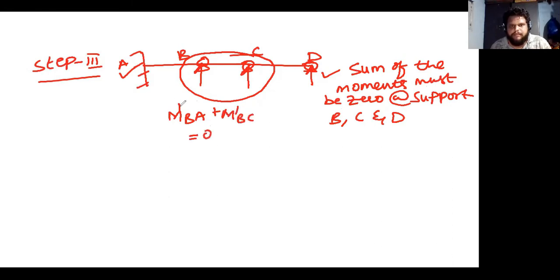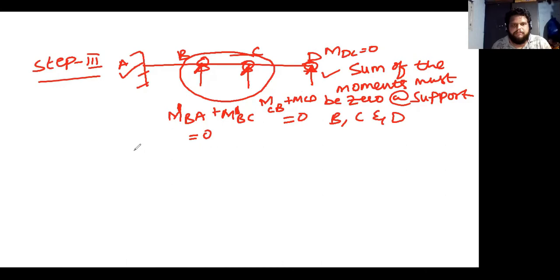This final moment MBA and MBC should be equal to 0. Similarly, the moment here MCB plus MCD must be equal to 0. Next, in the last span, MDC must be equal to 0.